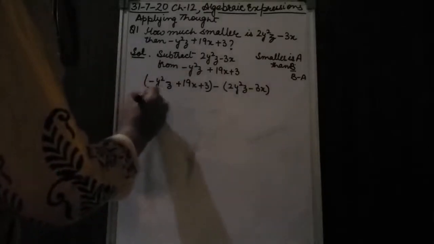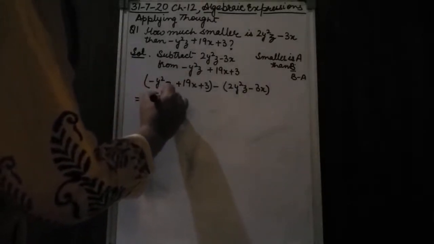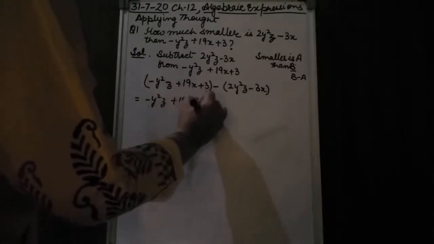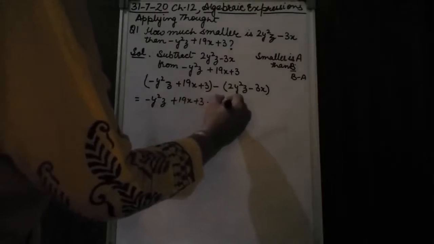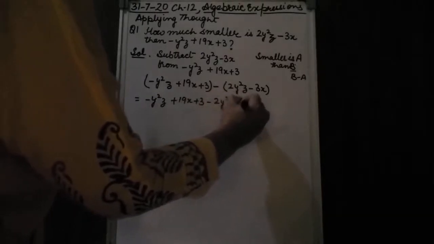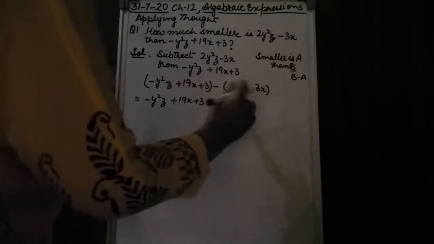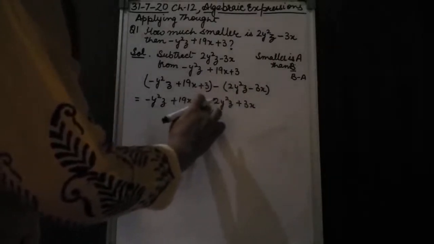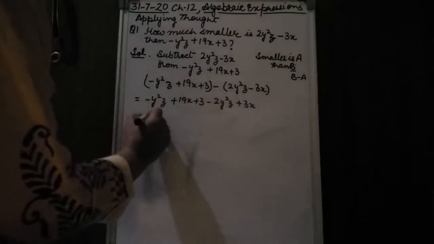You have subtracted. Now open the brackets: plus 19x plus 3 minus 2y square z plus 3x. Now the signs of each term have changed: positive, negative, negative, positive. Collect the like terms.